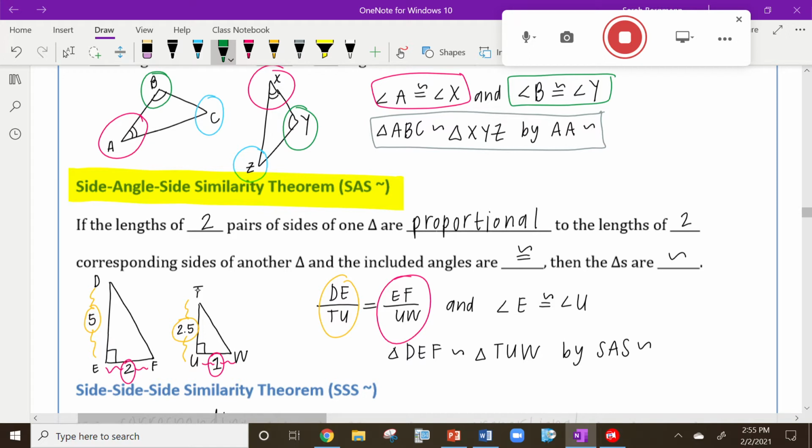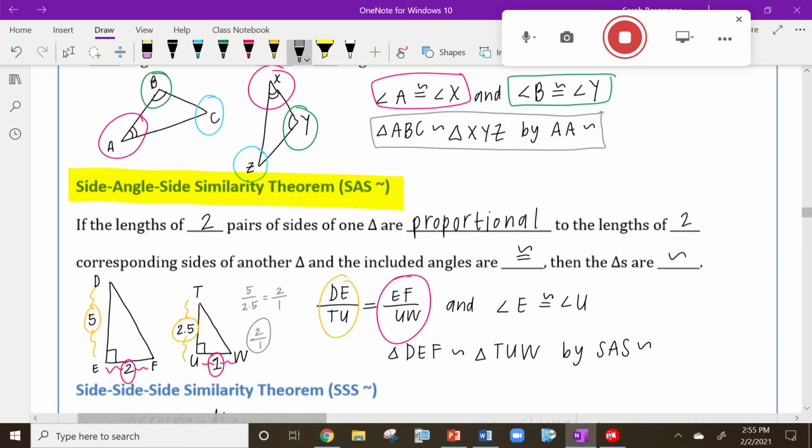So for example, on this one, you can see that these segments DE and TU, they have the lengths 5 and 2.5. If you think about that, 5 over 2.5, that's equal to 2 over 1. And then EF to UW, those are the lengths 2 to 1.